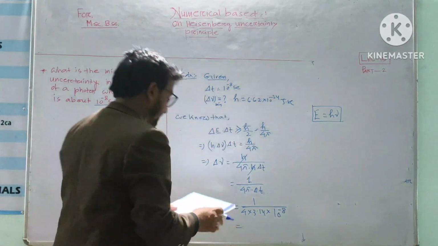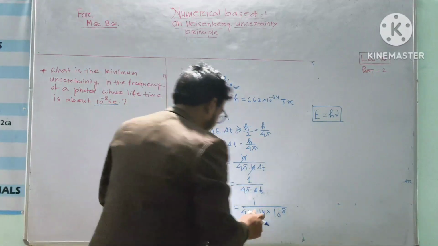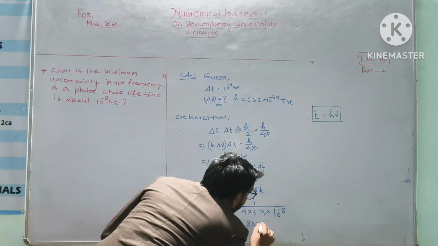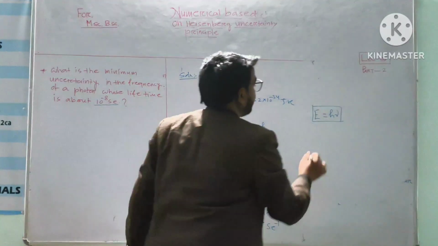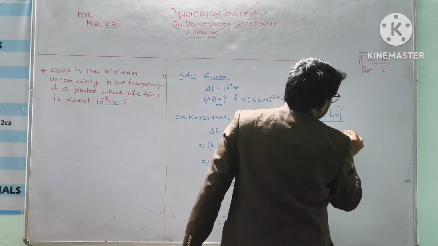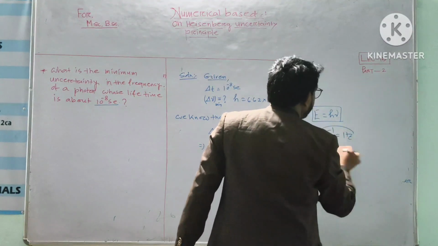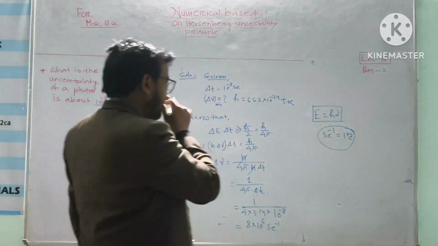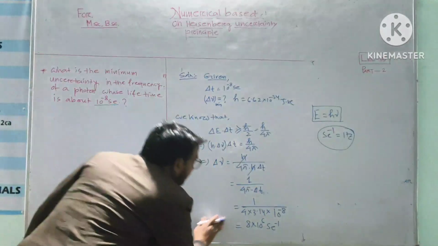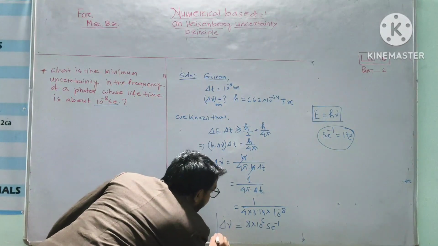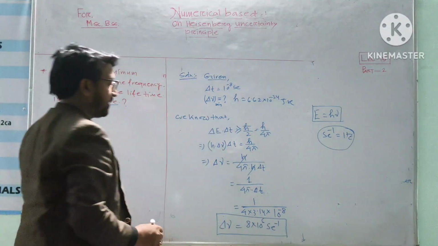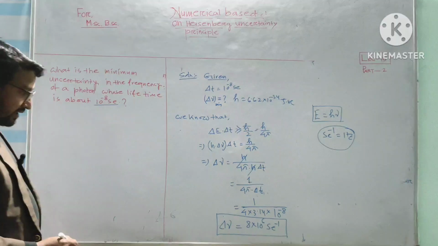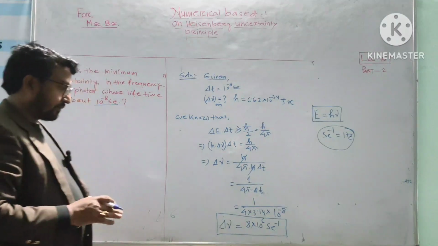After solving this, we get 8 into 10 to the power 6 second to the power minus 1, and second to the power minus 1 is called hertz; hertz and second to the power minus 1 are the same thing. So delta nu equals 8 into 10 to the power 6 hertz.